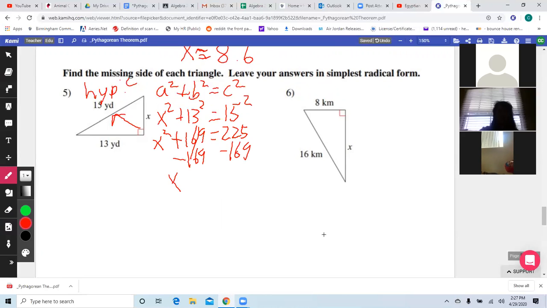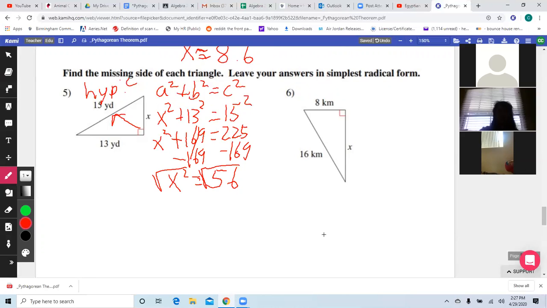And I get x squared is equal to 225 minus 169 is 56. Okay, now how do I solve for x? Remember, you just have to take the square root of both sides.